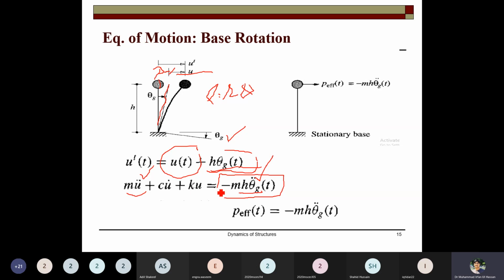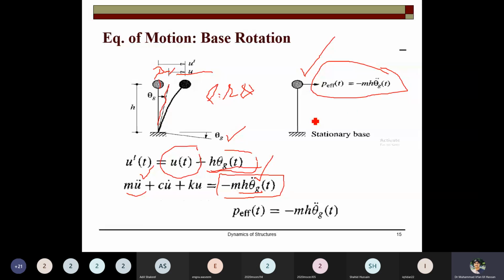If there is no ground rotation but you want to apply the loading, practically we are applying the loading at the top. So rather than that, you can apply P effective equal to minus m h theta g double dot. So the left hand side system shown in the figure will be equivalent to this system, if the base is not rotating, but you convert it to a stationary base. So this will be the same system, okay?